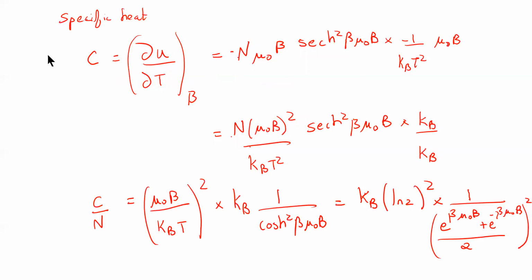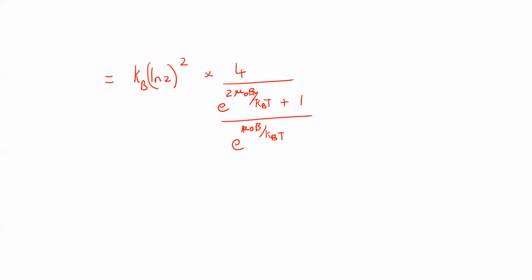So this equation also now simplifies to kB ln of 2 the whole square into 4 divided by 4 plus 1 divided by 2, the whole square.